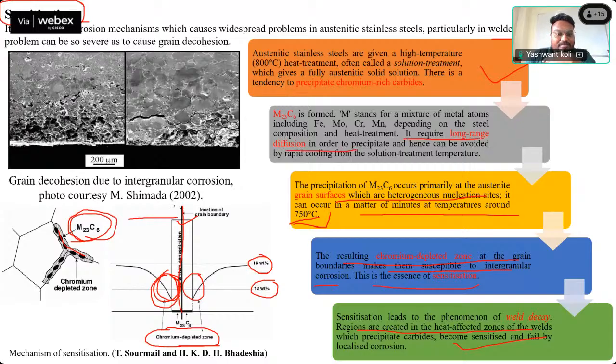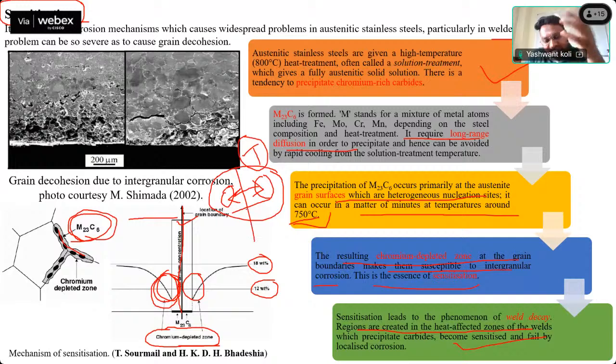That means chromium and carbon atoms take a longer time to form chromium carbide. So you need that longer time and that specific temperature to form chromium carbide. If either time or temperature is not there, then this diffusion will not take place.